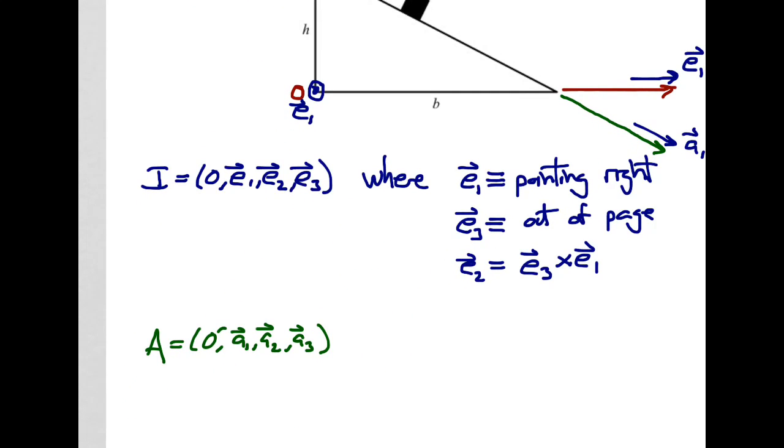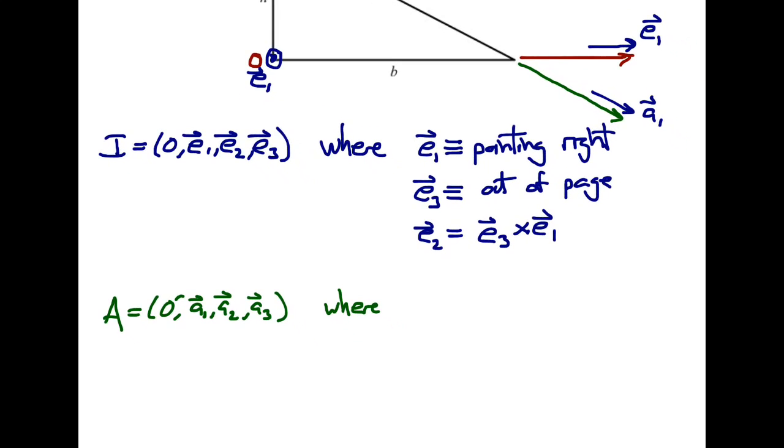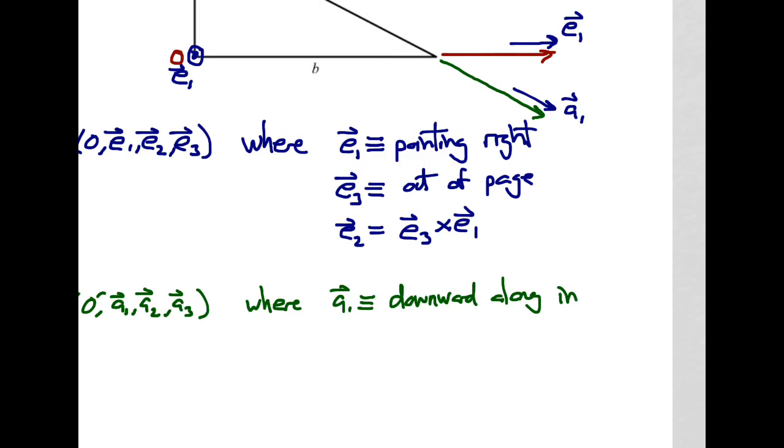So the A reference frame, where A1 is defined as pointing downward along the incline, A3 out of the page.